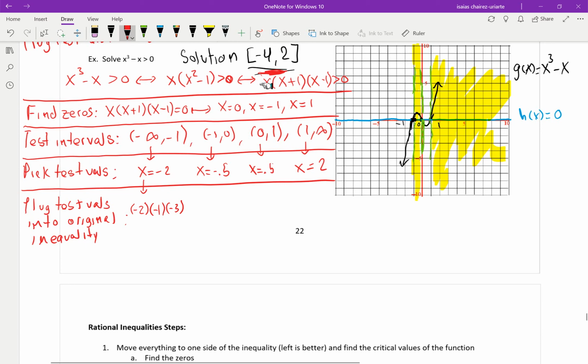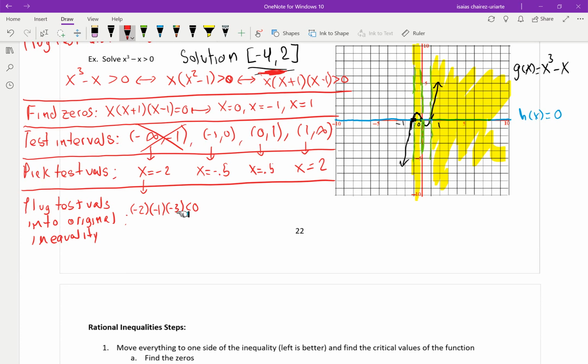See, I'm replacing my x's with -2, so that becomes -2, this becomes -1, and this becomes -3. And so negative times a negative times a negative turns out to be negative. Yeah, so what that means, and you remember our original inequality should be bigger than 0, and right now we ended up with something less than 0. So that means that this test interval does not satisfy my original inequality.